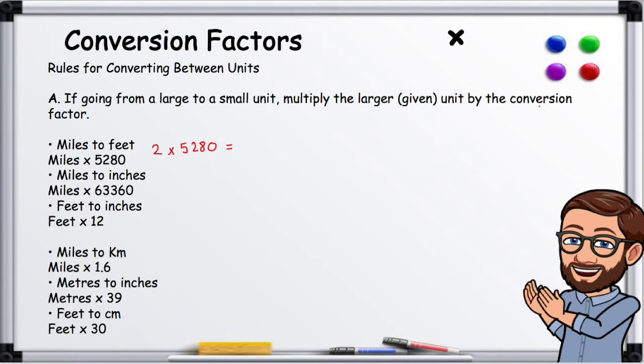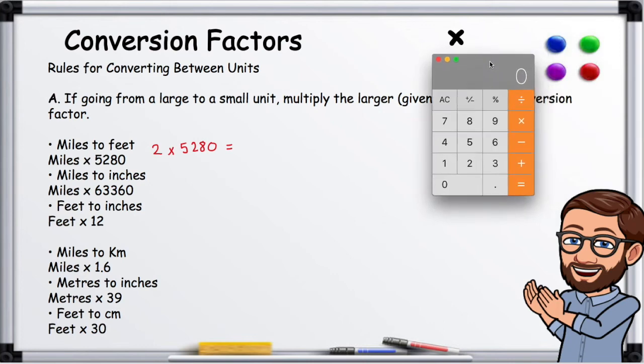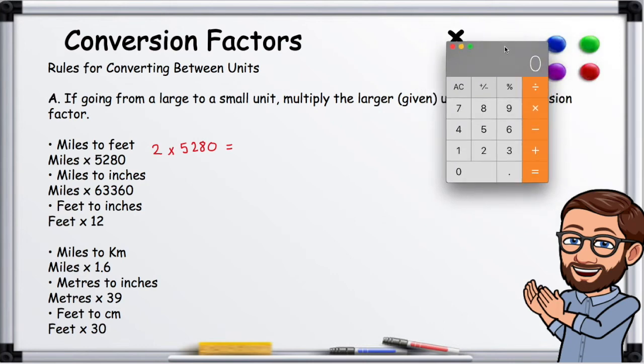Now on level 1 functional skills papers, you would have 2 types of paper, and this would probably be on a calculator paper, so you'd have a calculator. So let's calculate this. 2 times 5,280 equals 10,560. So there are 10,560 feet in 2 miles.